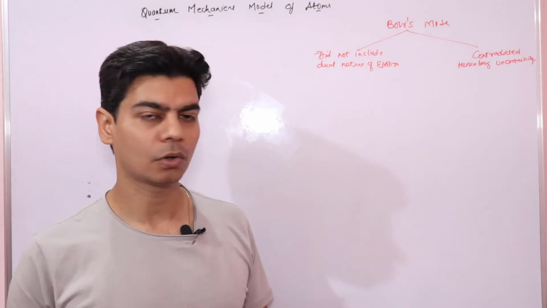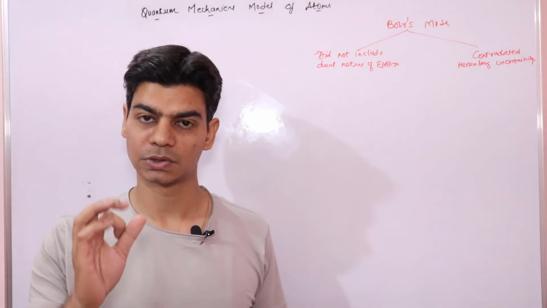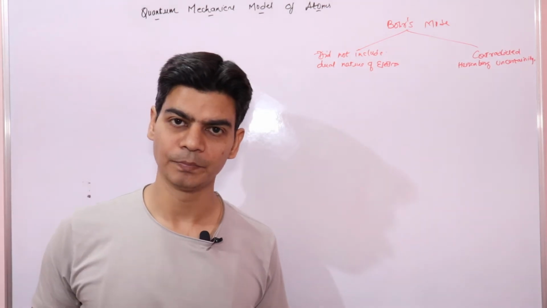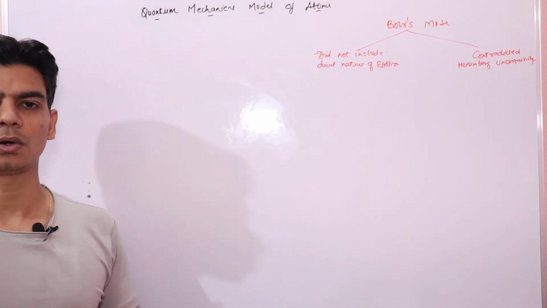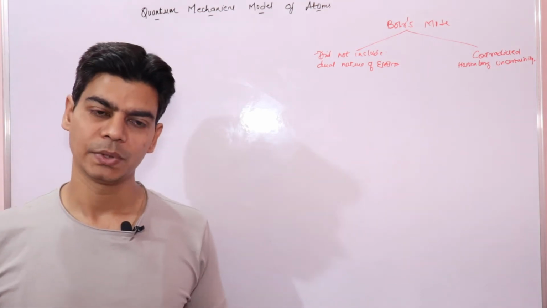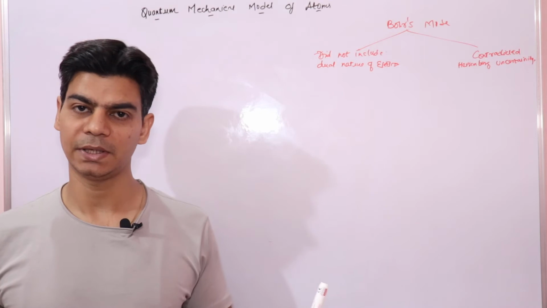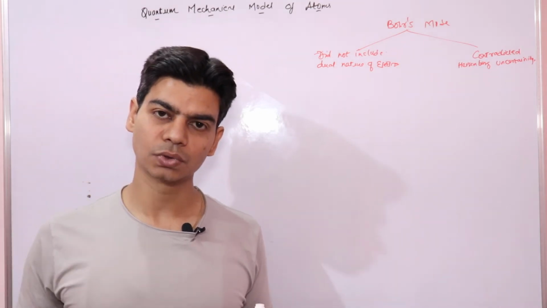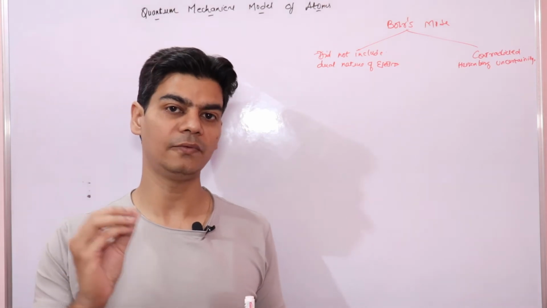But when we talk about microscopic objects, the small objects that have extremely small mass like electrons, Newton's laws of motion cannot be applied. That means classical mechanics cannot be applied to microscopic objects, because they have significant wave character.